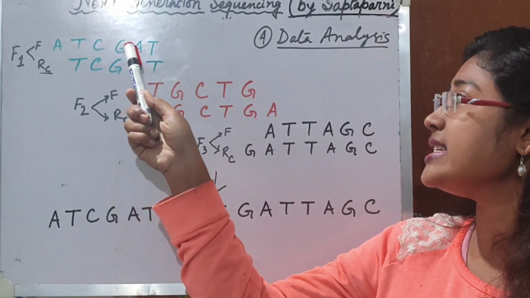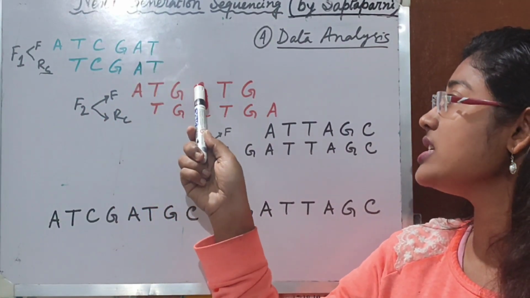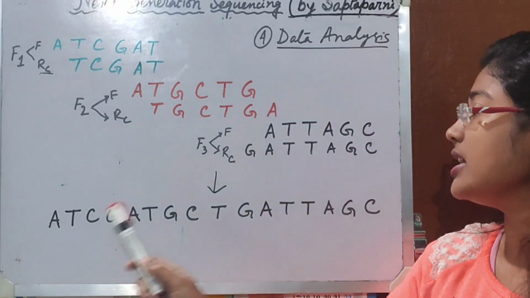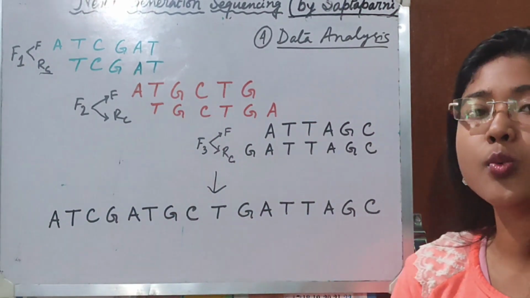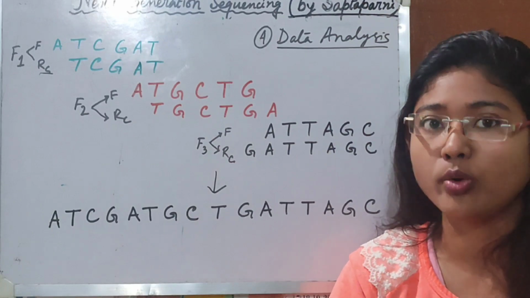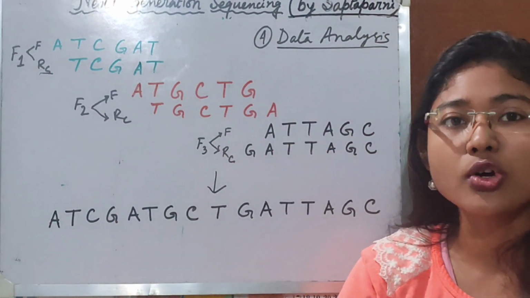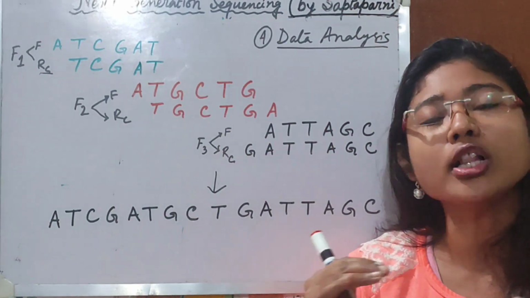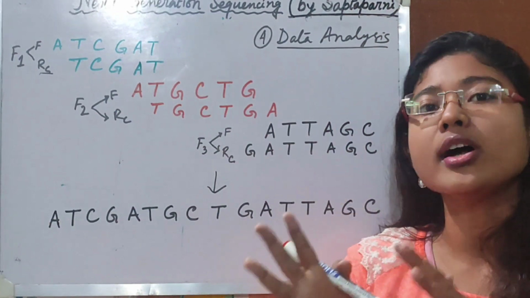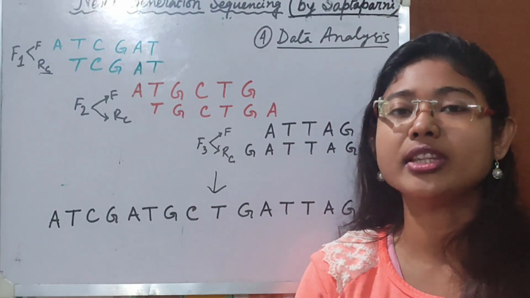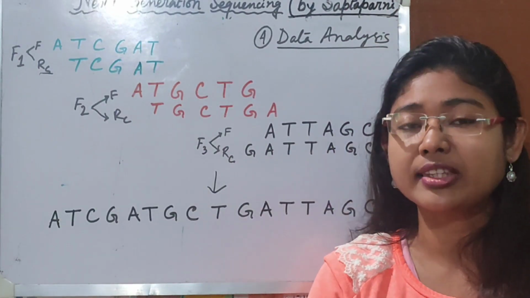A, T, C, G, A, T, then G, C, T, G, then A, T, T, A, G, C. This is the required sequence of your genome. That is how you can find the whole genome sequence by arranging all the fragments by their forward and reverse strands. So this is all about the next generation sequencing method.